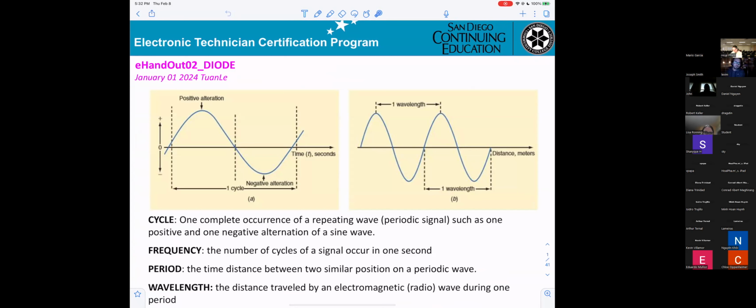When the wave goes up and then goes down, it has not repeated yet until it goes up again. Then it repeats. That means from here to here is one cycle.